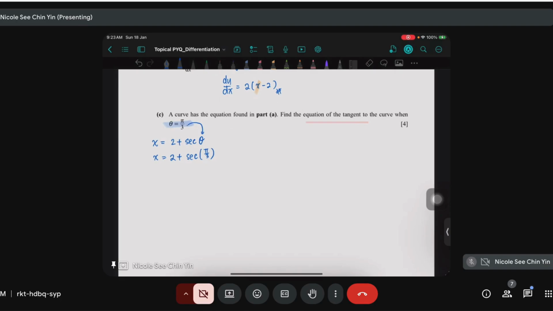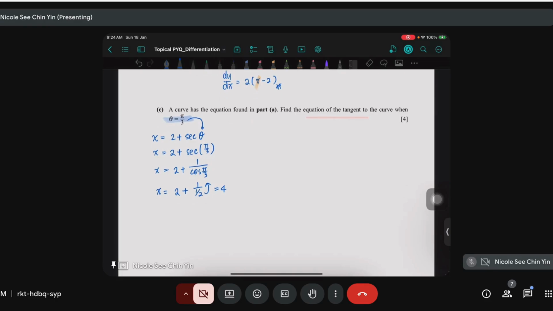Secant pi over 3 is basically the reciprocal of cos pi over 3, correct? So my x is equals to 2 plus 1 over 1 half. So bring up your 2, basically x equals 4. Same thing, I need to work on my y.